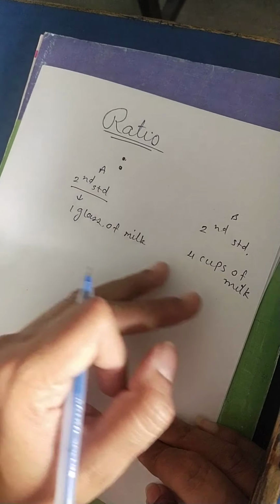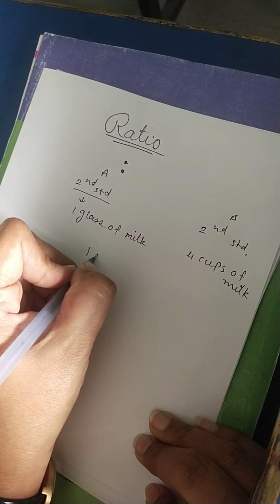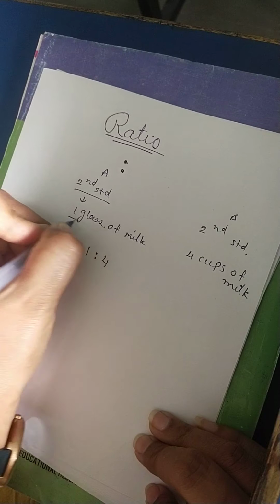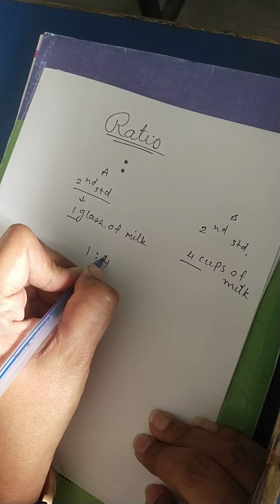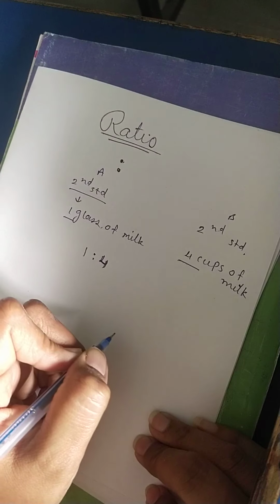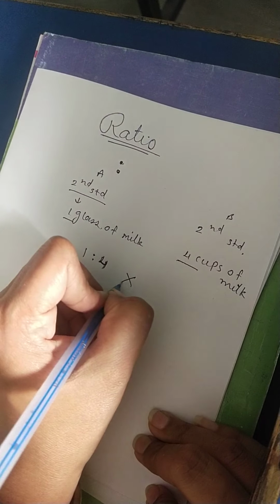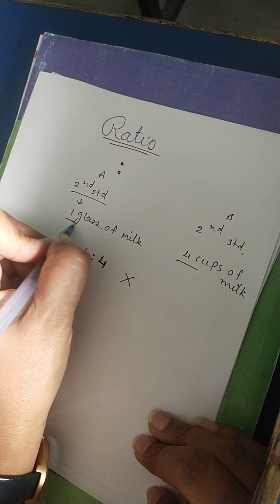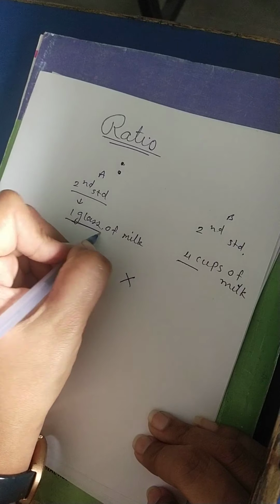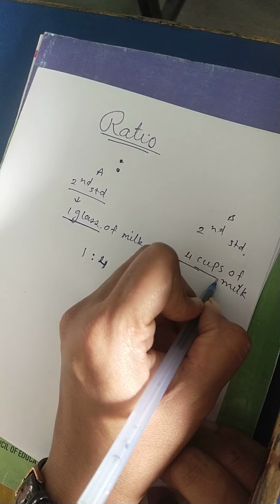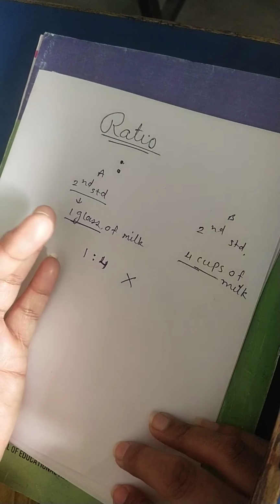So can we compare the ratio? Here my ratio is 1:4 because over here 1 glass, here 4 cups. So 1:4. Can I say it this way? No. Why? Because over here it's given in glasses and over here in cups. So what do we have to do?